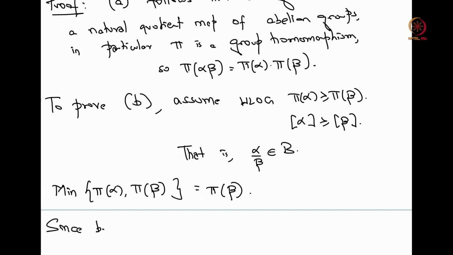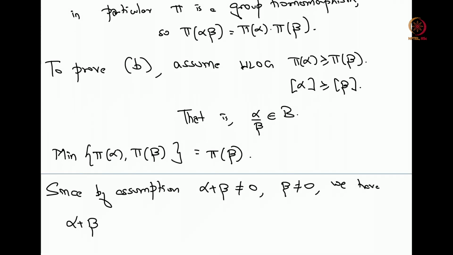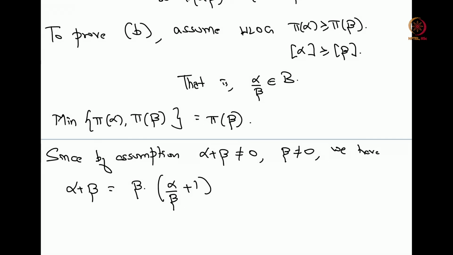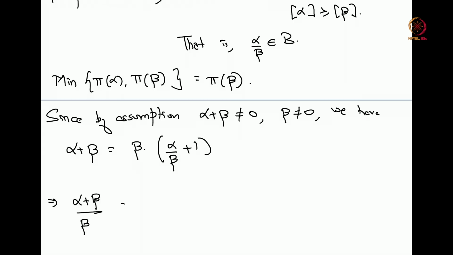Now, since by assumption alpha plus beta is not 0, and also beta is not 0 because it's in K cross, I have alpha plus beta, but if I just factor out the beta, I get beta times alpha over beta plus 1. And so alpha plus beta divided by beta is alpha over beta plus 1.